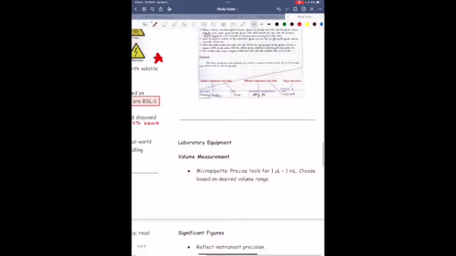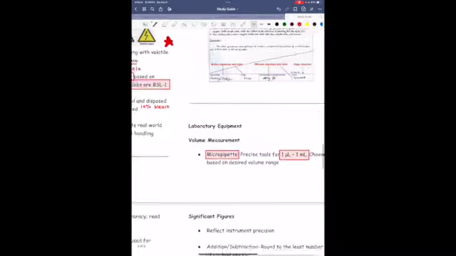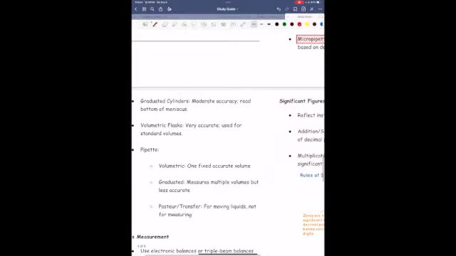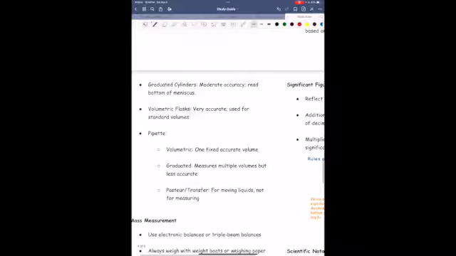All right, to measure substances, a micropipette is commonly used, for 1 microliter to 1 milliliter. The graduated cylinder has moderate accuracy, and just remember you're going to read this at the bottom of the meniscus.